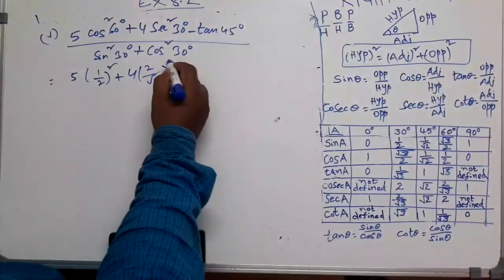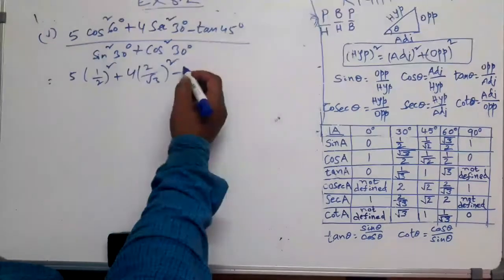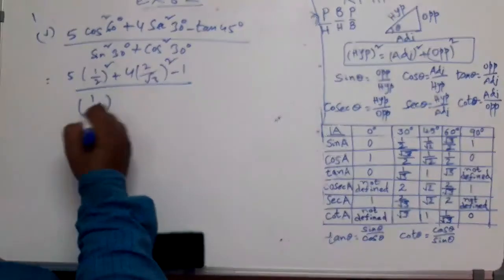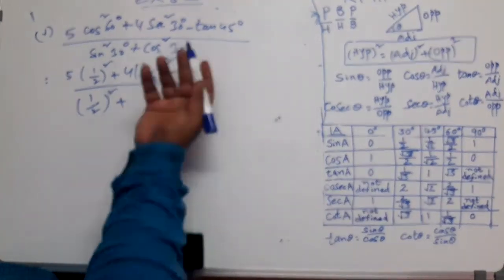Cos 30 degrees is sin 60 degrees, that is root 3 by 2. (Root 3 by 2) whole square reciprocal, that is (2 by root 3) whole square. Minus tan 45 degrees, and cot 45 degrees are equal to 1, right? 1 upon (sin 30 degrees) whole square is this. Sin 30 degrees is 1 by 2 plus cos 30 degrees is sin 60, that is root 3 by 2, whole square is there.